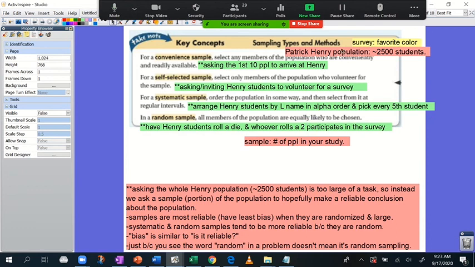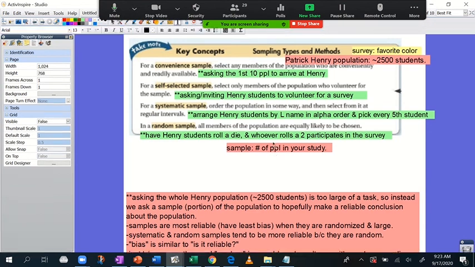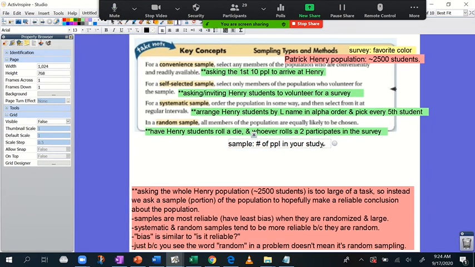So your Patrick Henry population is 2,500 students, and our sample is the number of people in the study, and it's probably going to be less than 2,500 students, because who has the time to be asking 2,500 students that?